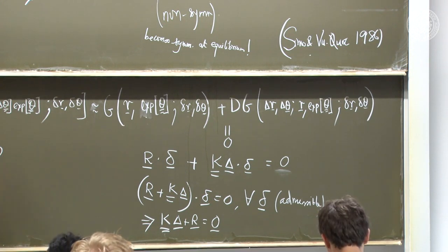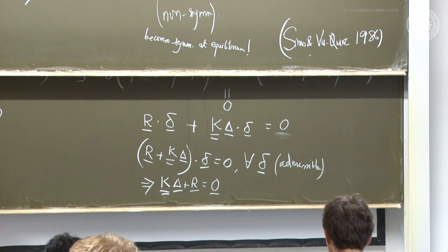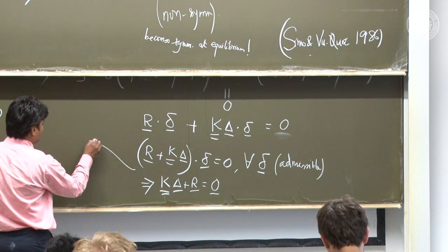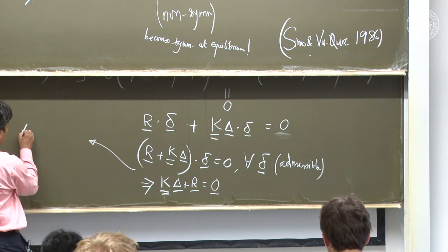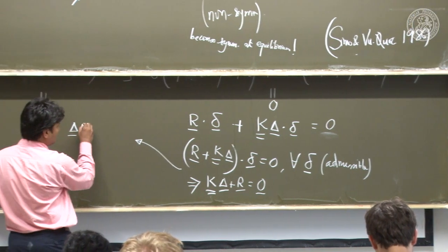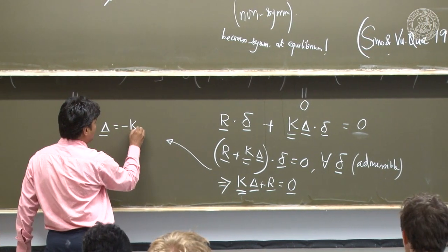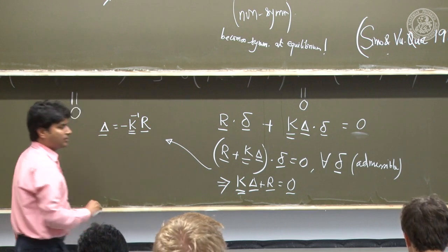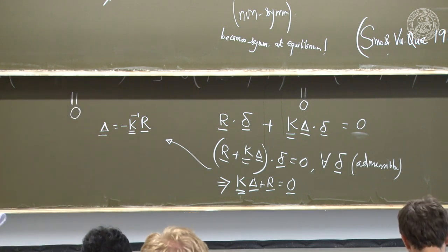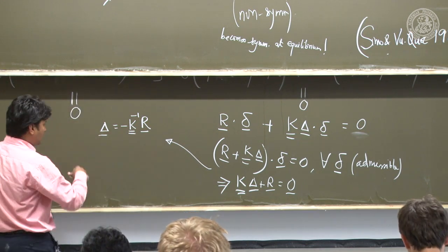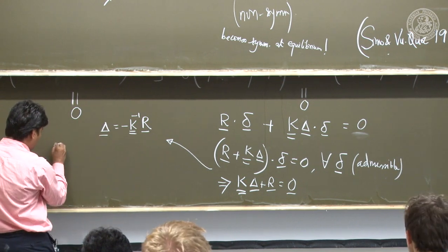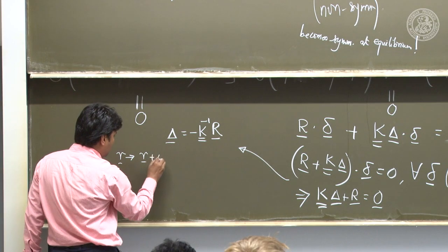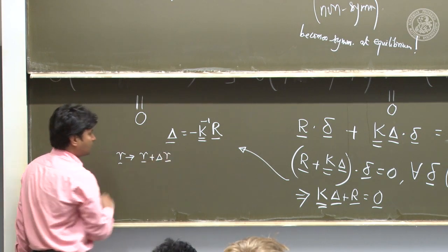From here you then obtain your increment vector delta equals minus k inverse big R. Once you get your increment, then you change your state, your little r, to little r plus delta little r.